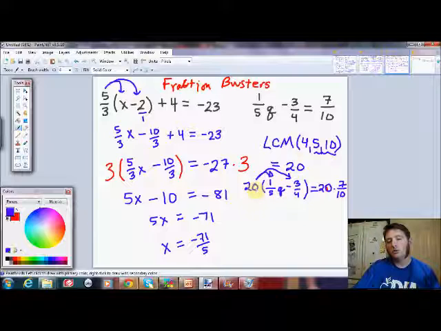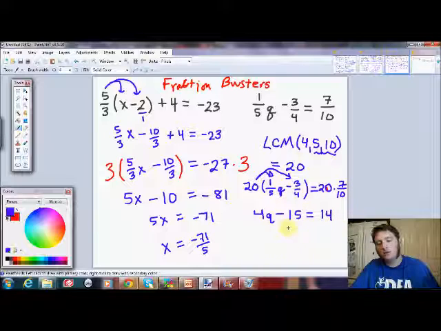So 5 goes into 20 4 times. 4 times 1 is 4, so 4q. 4 goes into 20 5 times. 5 times 3 is 15, so minus 15 equals, well, 10 goes into 20 twice, and 2 times 7 is 14. So here's an equation that's equivalent to this original one, but of course it's much, much easier to look at.